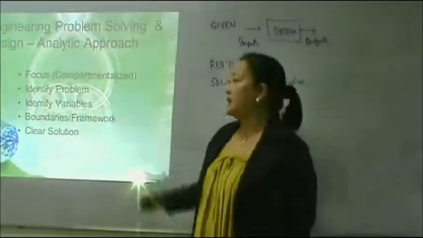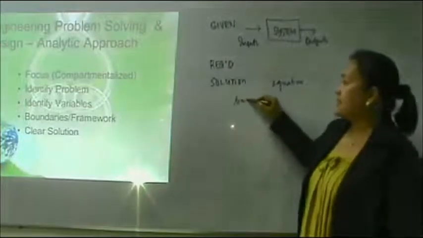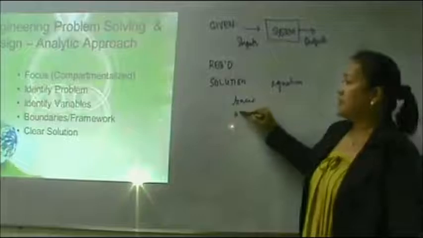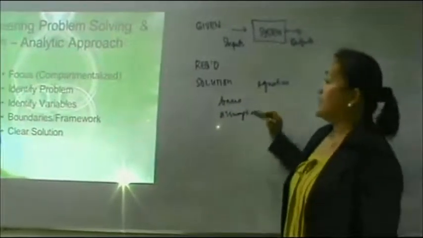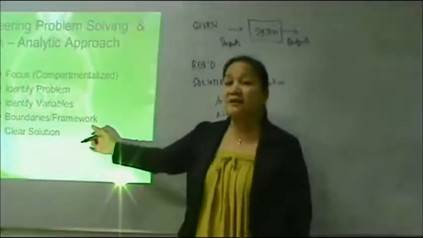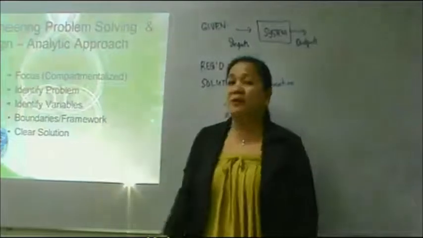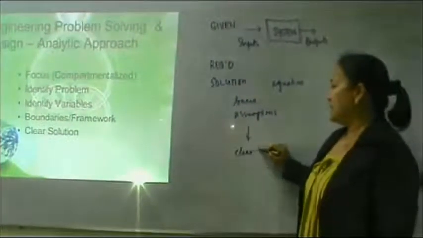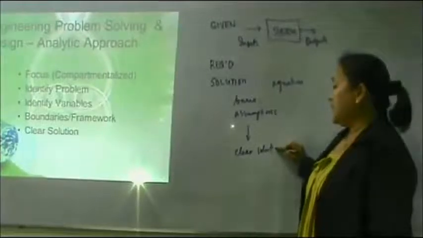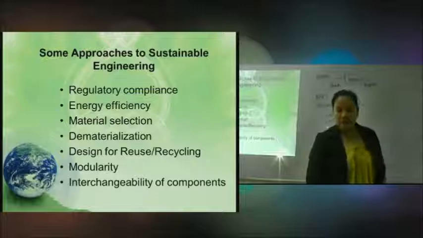And from here, you can continue solving the solution by identifying your basis and some of your assumptions. By doing so, you're actually applying the boundaries and framework identification. And then, of course, you're supposed to come up with a clear and exact solution. So this is the analytic approach.